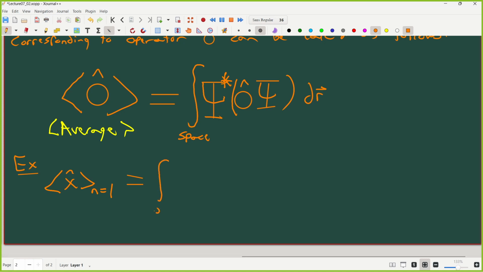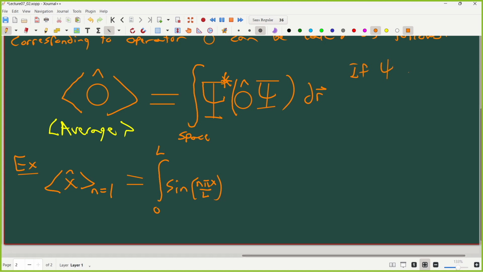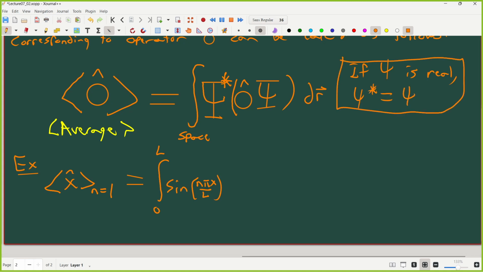This is the integral from 0 to L of the complex conjugate of sine, but that's just sine, there's no i's. So we just put the function here. If psi is real, psi star is equal to psi. There's no i's to flip to negative, so it's the same function.